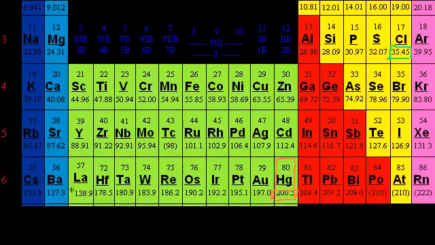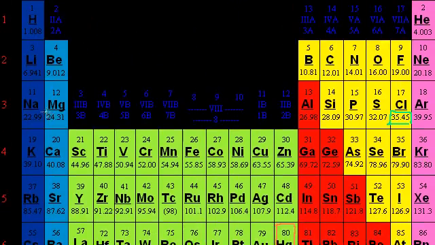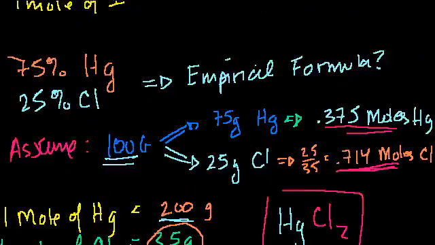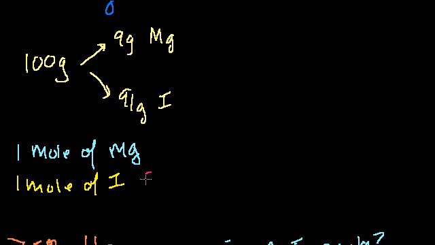Magnesium's mass number is, let's just go with 24. Let's say we have the isotope that's 24. Magnesium is 24, and since we're already down here, what's iodine? 127. Iodine is one of the halogens. So you have 127 and you have 24. Let me write those down. I have a bad memory too.